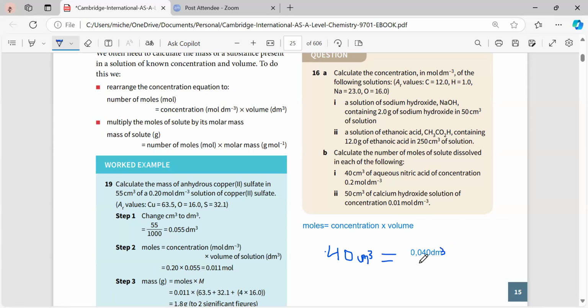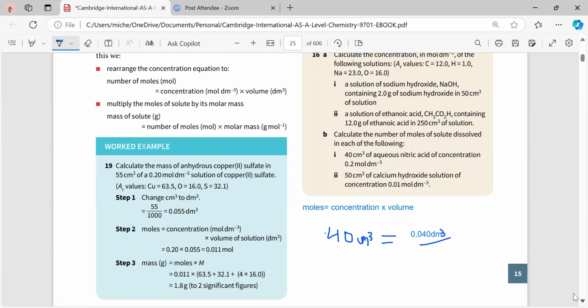So now we already have the volume here, and the concentration is already given, 0.2 mol dm⁻³. So now we just have to multiply them. So we have 0.040 times 0.2.